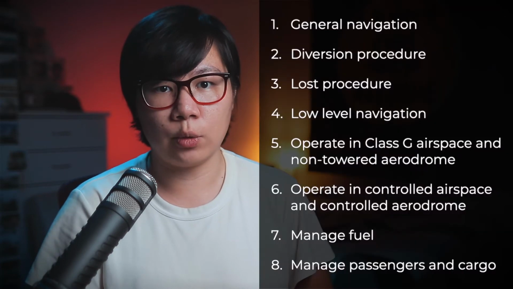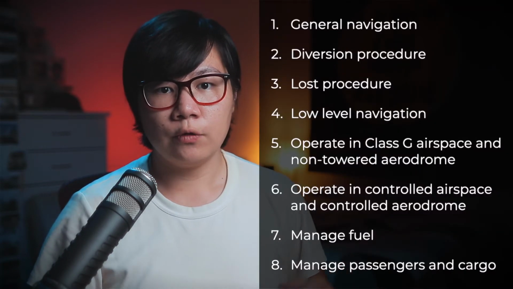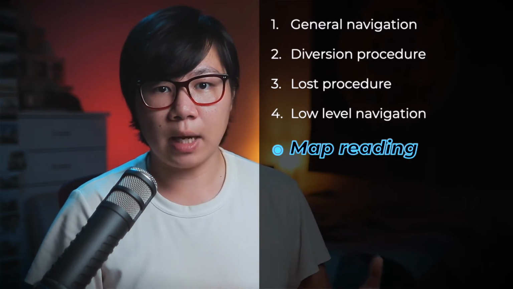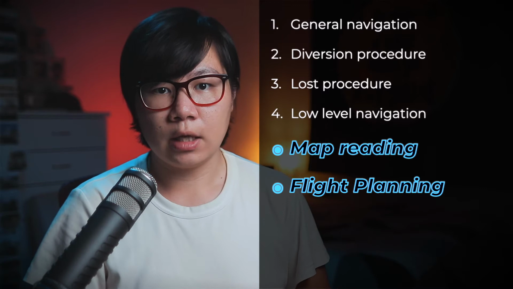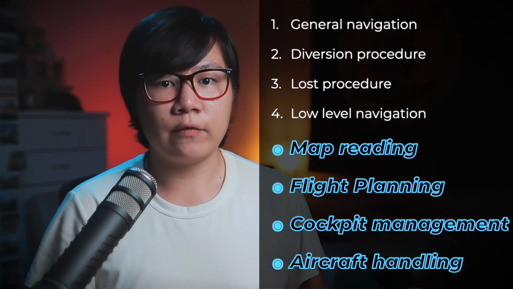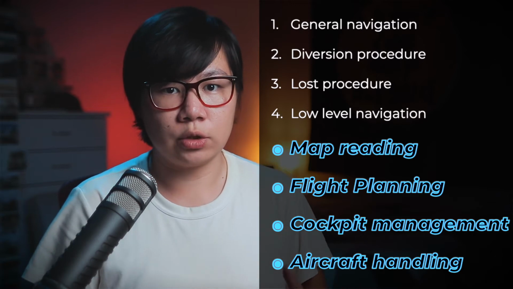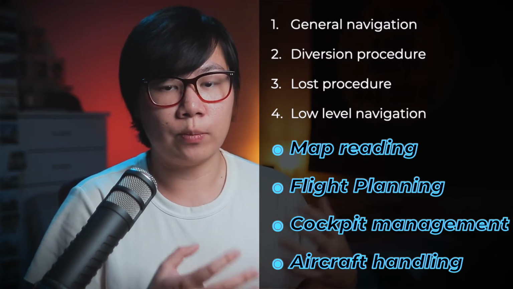During the 10 lessons, you would learn and practice the following new technical skills. For number 1 to 4, you will learn these skills such as map reading, flight planning, cockpit management, aircraft handling, etc. to handle normal and abnormal situations during navigation for your PPL.